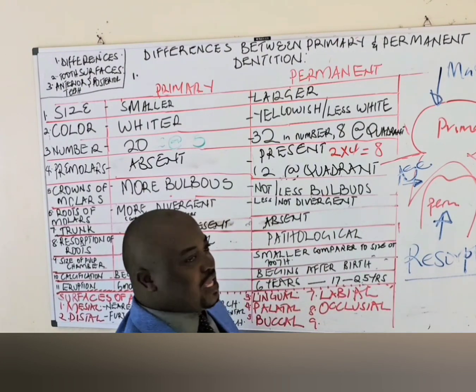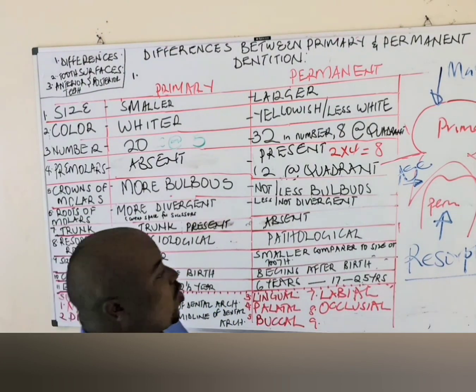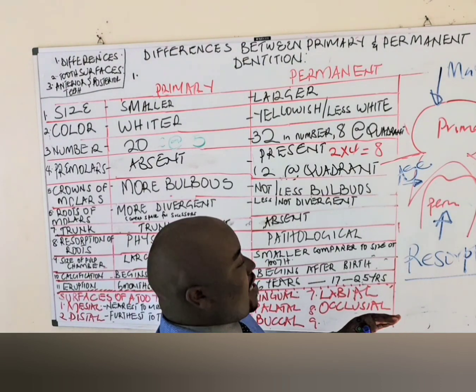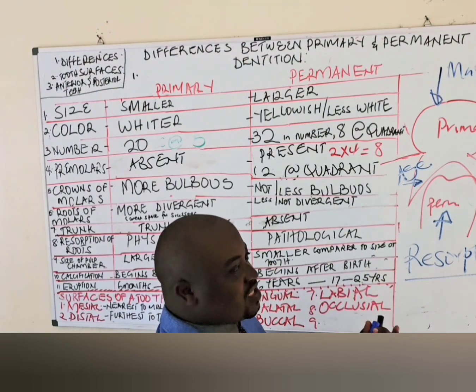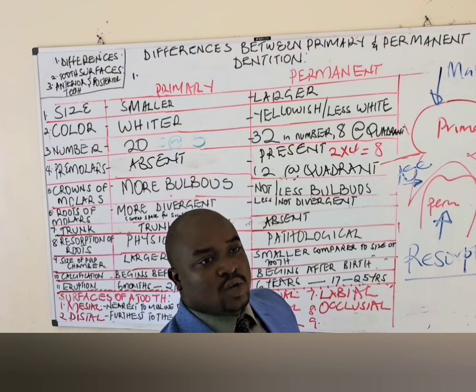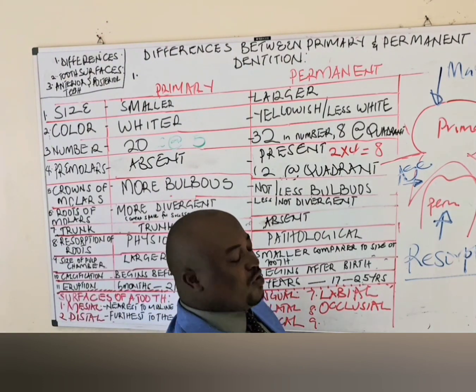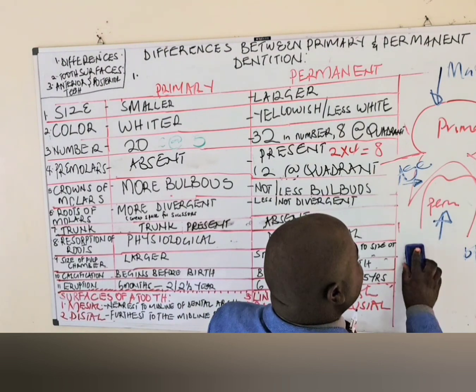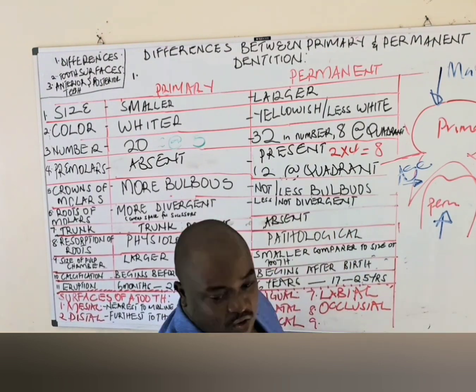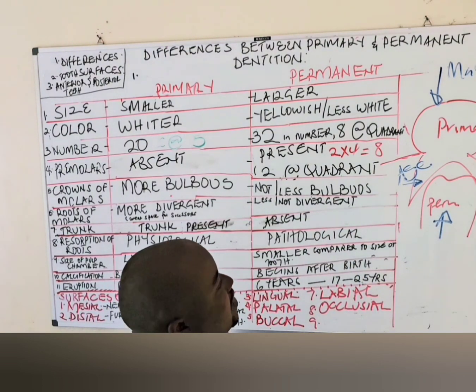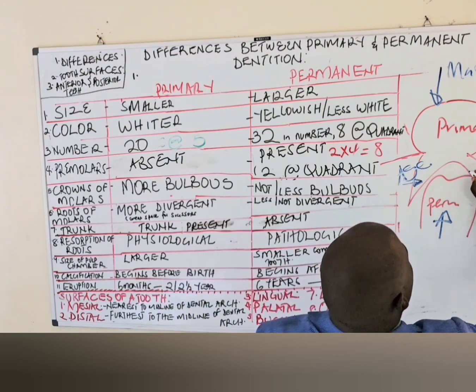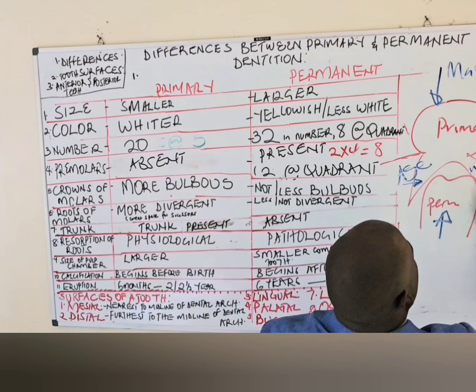When this happens, it causes what we call resorption. Resorption happens when the teeth are eaten away, and this process is physiological. When you start extracting primary teeth, you shall find that it is as if something eats up the roots.